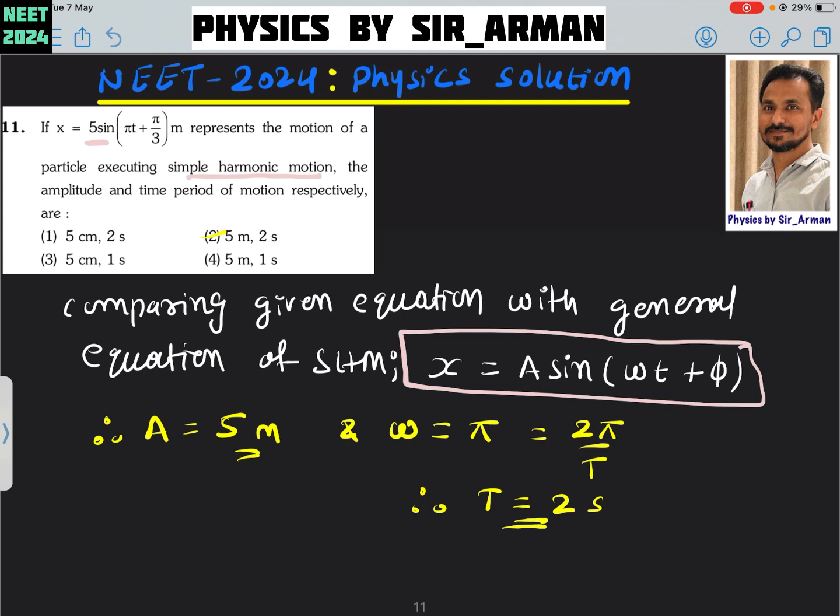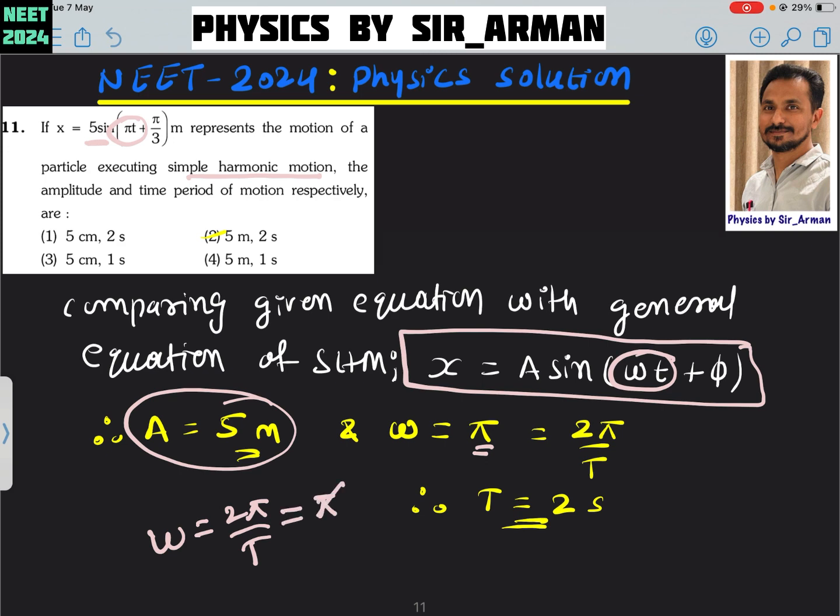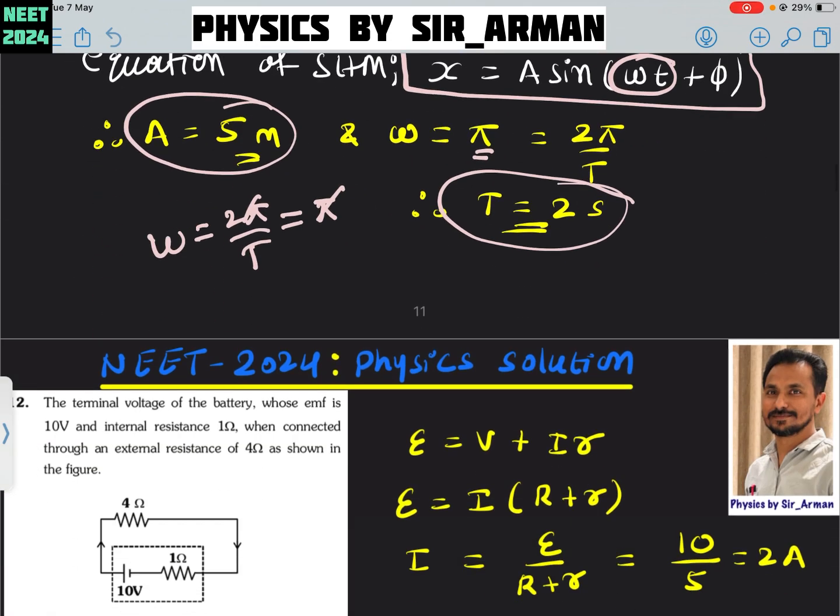If you compare, A becomes 5 here, so amplitude is 5 meter. The coefficient of t here is pi, so omega is equal to pi. In general omega is equal to 2 pi by T, but here omega is pi, so pi cancels, so T is equal to 2 seconds. So our correct option is option number 2, 5 meter, 2 seconds.